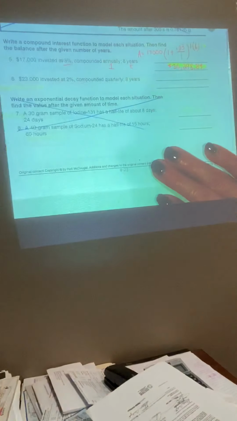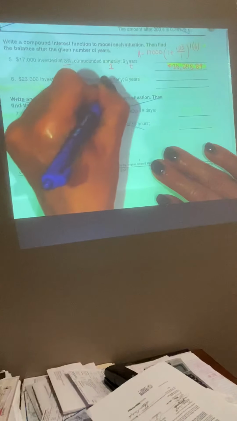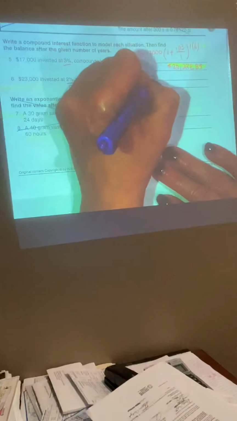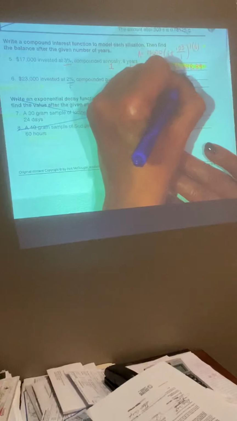Okay, last problem. 23,000 invested at 2%, that's my rate. Compounded quarterly, that means 4 for 8 years. So A equals 23,000 times 1 plus my rate, 0.02.